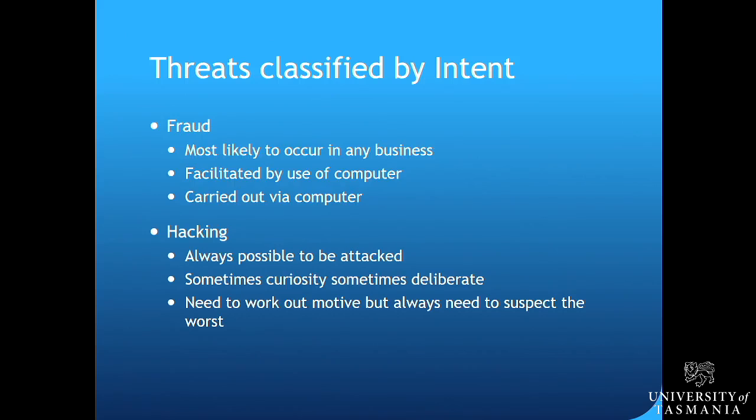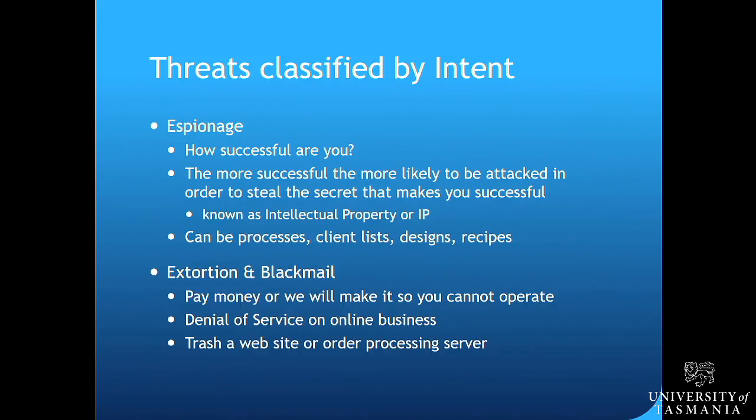Is it insiders, is it the opposing company, is it the lonely attacker? Looking at it from the perspective of intent is a great way to break down what our risks are. Espionage might be a threat that you don't particularly concern yourselves with because of the nature of the company. You might not have any particular IP that's of interest, but it doesn't necessarily mean it's still not likely to be a thing.